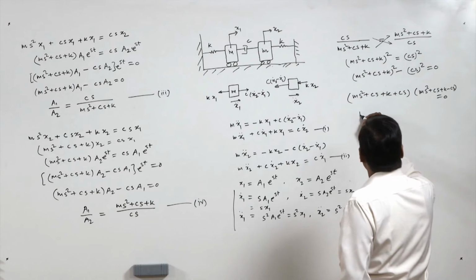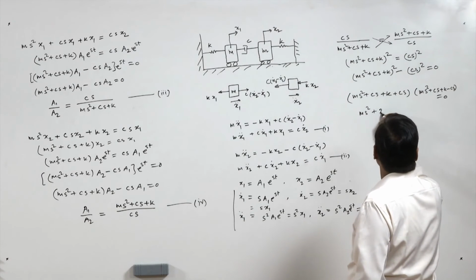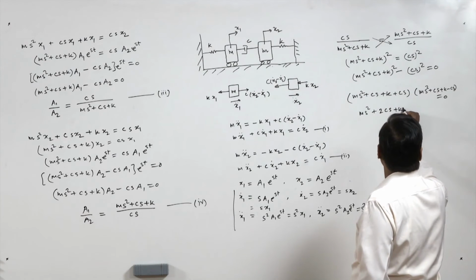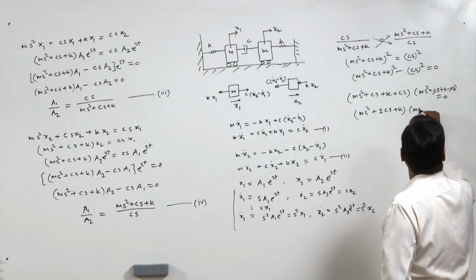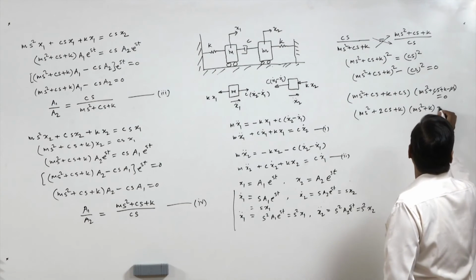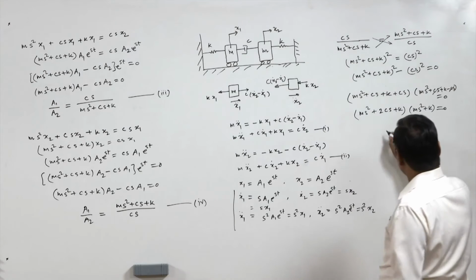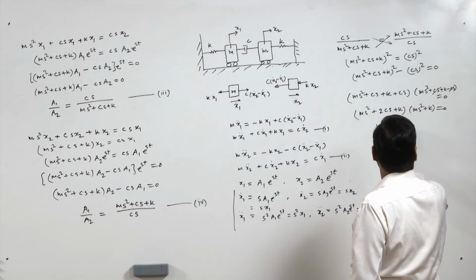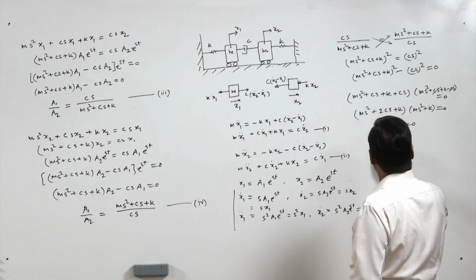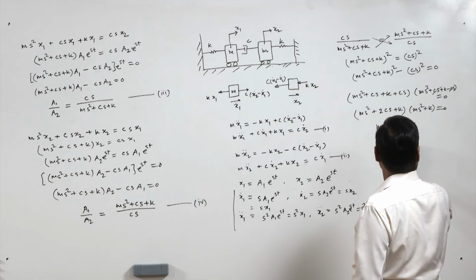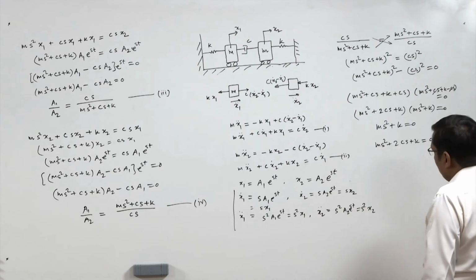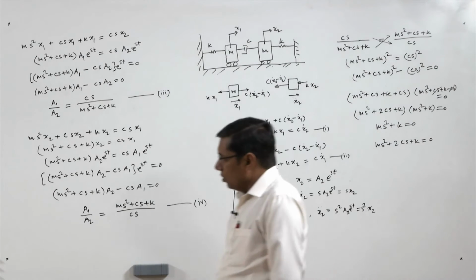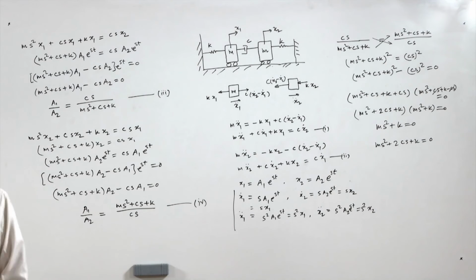So what we get: m s square plus 2 c s plus k, and here c s will be cancelled out, so we have m s square plus k equal to 0. So it means that m s square plus k equals 0 and m s square plus 2 c s plus k equals 0. So now from these two equations we can get the values of s.